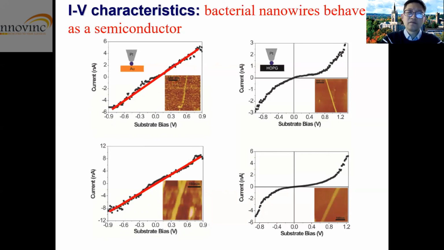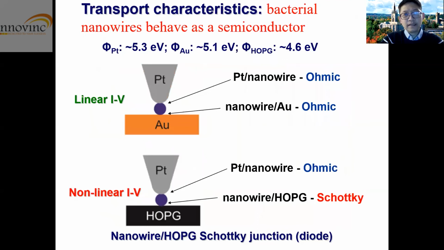So we fit the curve. We found that when we use the gold substrate, the IV curve is linear. If we look at the Fermi levels of those materials, for platinum it is 5.3 eV, for gold 5.1 eV, and HOPG 4.6 eV.